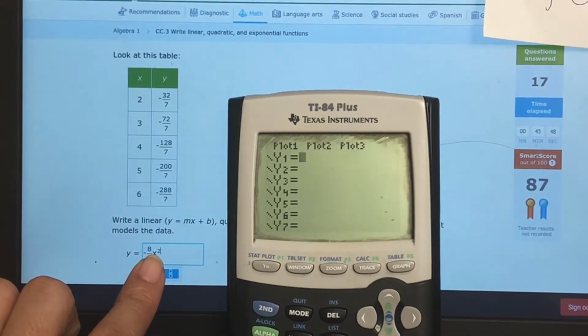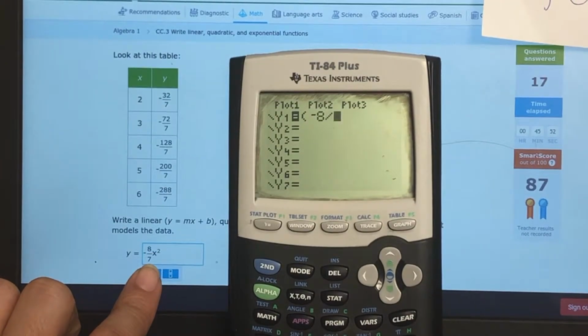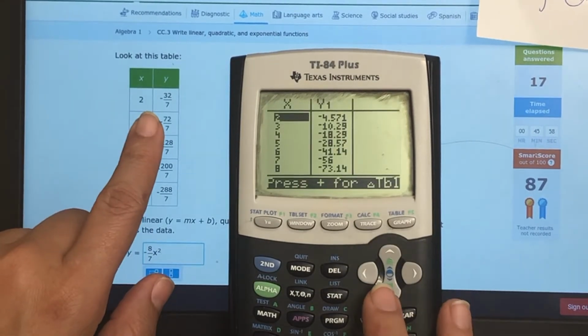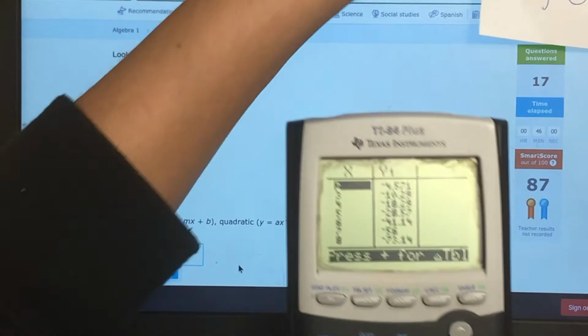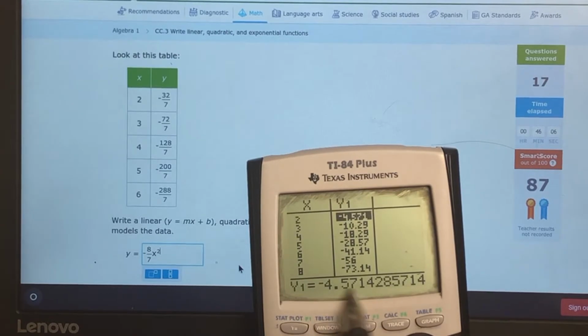All right, so again, in parentheses is every fraction, so negative 8 over 7 x squared, second table. I want to start off at 2, and again, this one is going to give it to you in decimals.